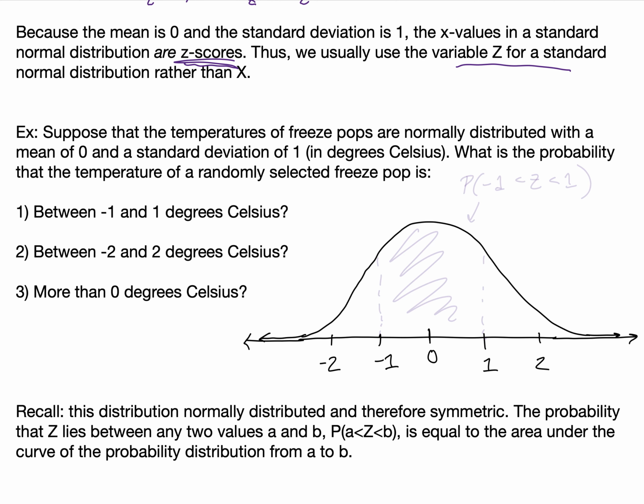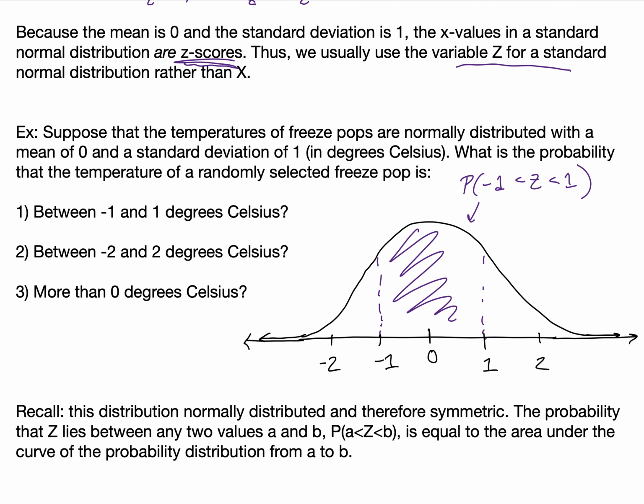So when we're talking about the probability that the temperature of this freeze pop is between -1 and 1 degree Celsius, that's also the area under this curve. This is the probability that -1 < z < +1. So think about those just for a moment and we'll talk about them.